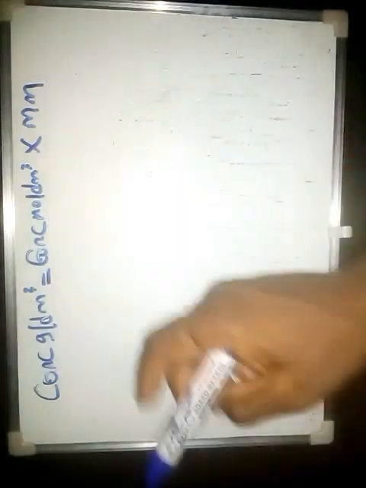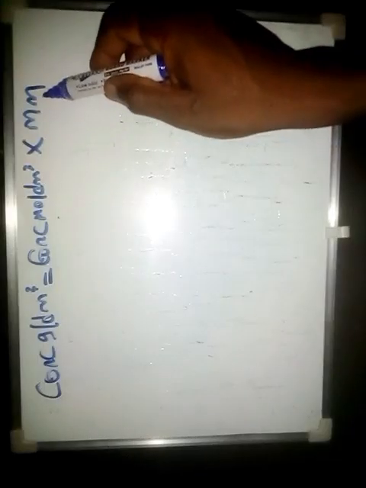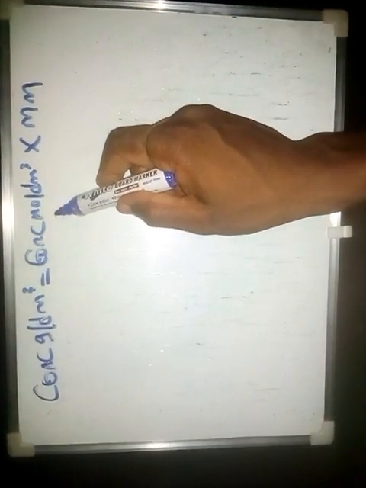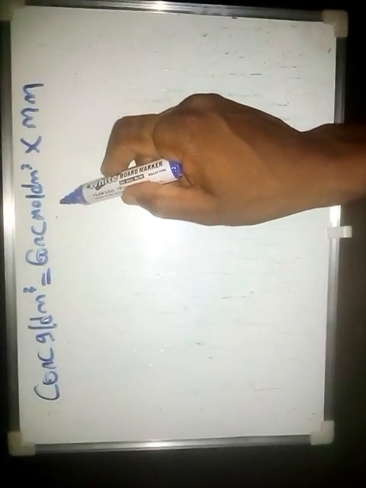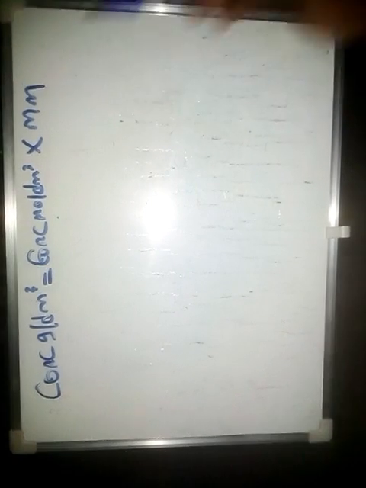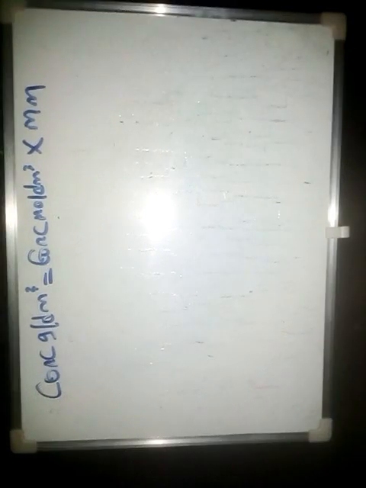We know this one is the one we just calculated, 0.090. Then the molar mass of the FeSO4.7H2O. We have to calculate the molar mass of FeSO4.7H2O.